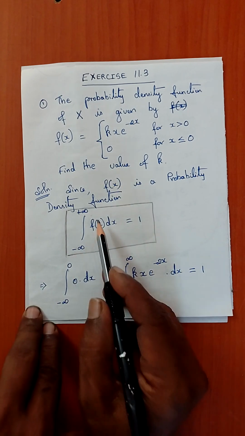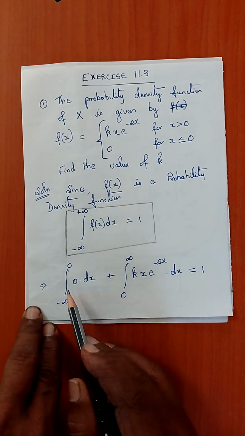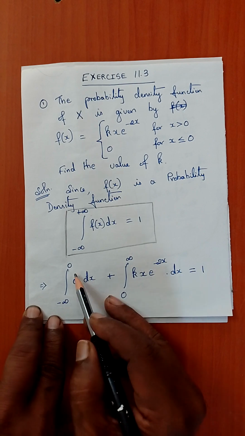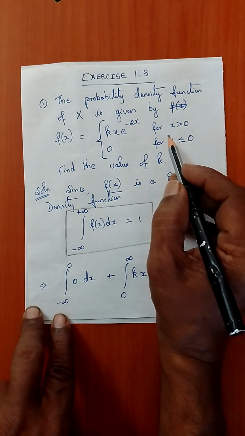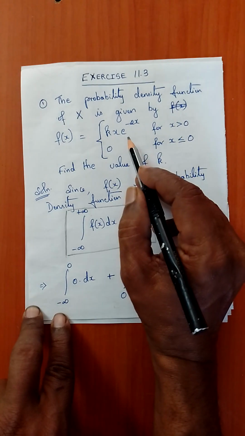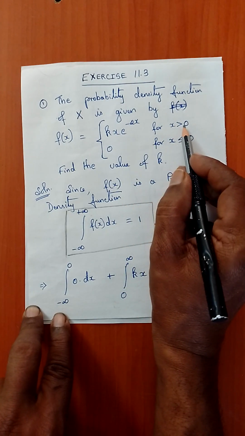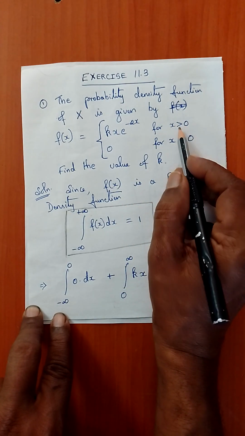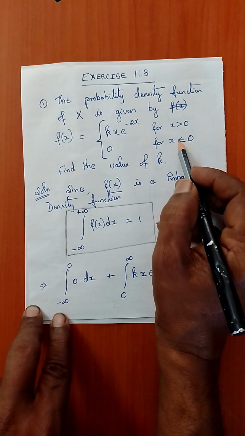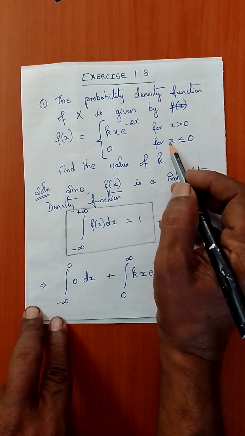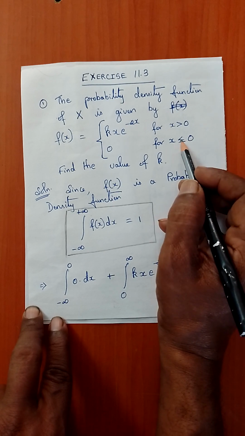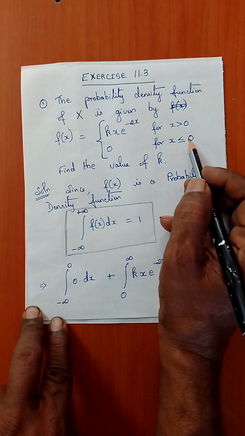Now, this integral can be split into two parts, minus infinity to 0 and 0 to infinity, because x greater than 0 means positive values, and x less than or equal to 0 means 0 is also taken into account, with x going from minus infinity to 0.